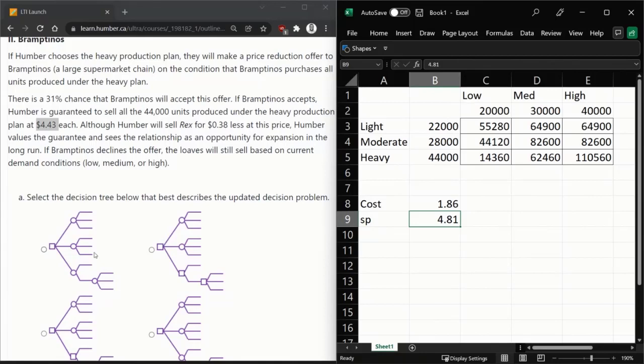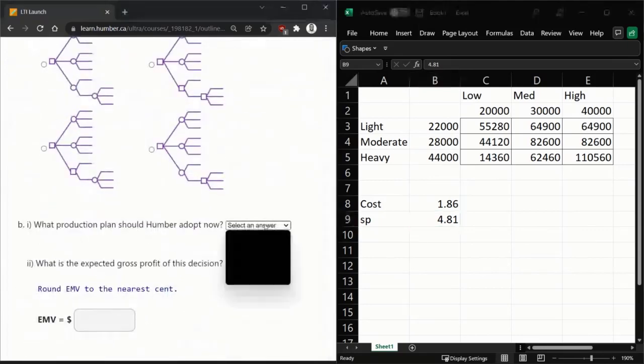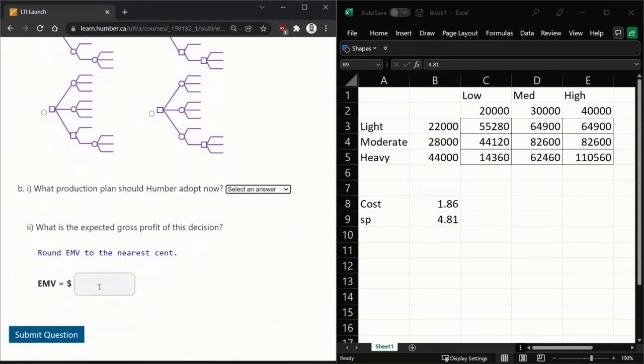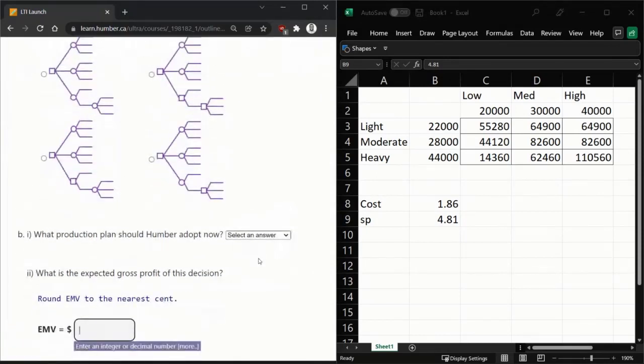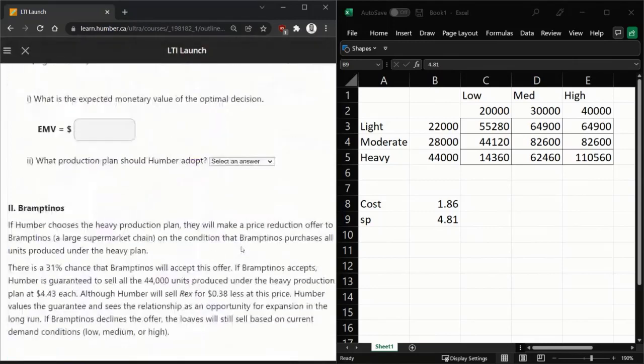So you still have to subtract the cost, and then you put the value here for that payoff. Then you solve that tree there, and you choose the right production plan. And then of course write the value you got for your best decision over there. So that's how question number one works.